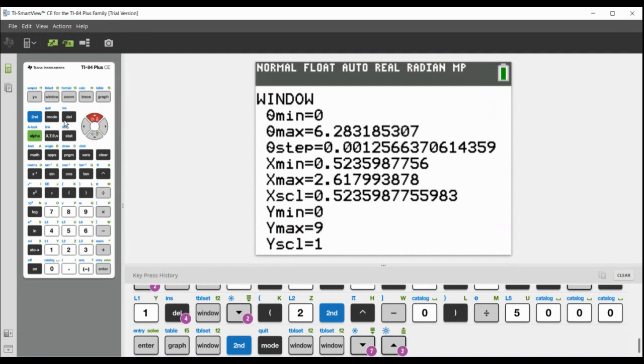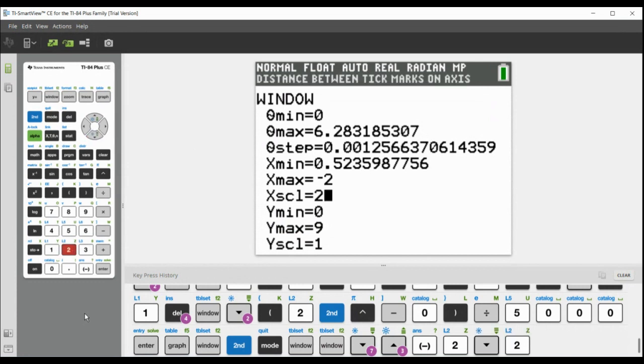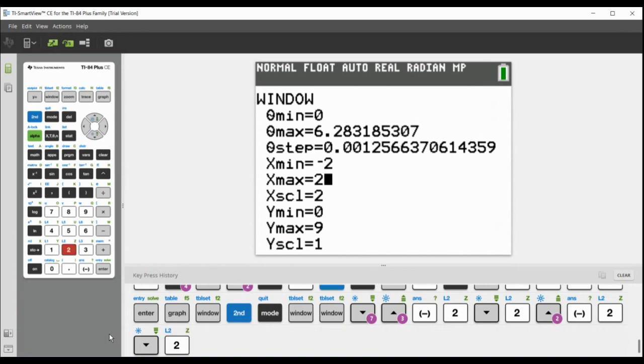So why don't I go from like -2 to 2, and -2 to 2. Just 1 minute.